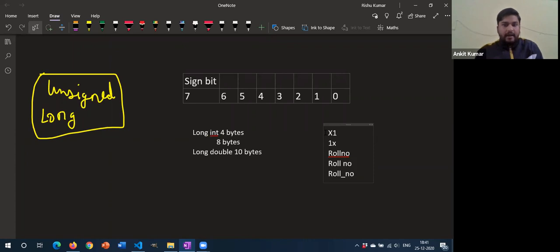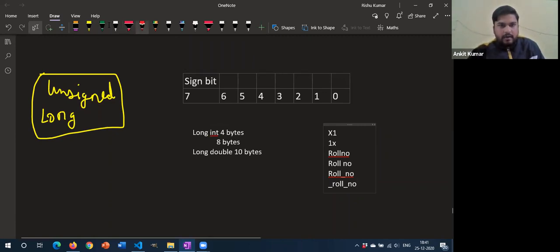You can also start a variable like this, underscore roll and then underscore number. This is valid. Also, underscore is a special character. So other than this underscore, you cannot use any other special character while writing the names of your variables.